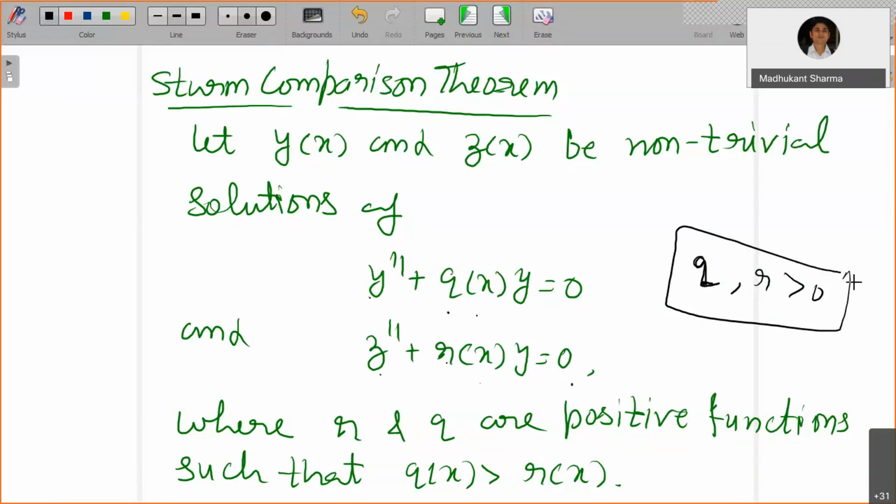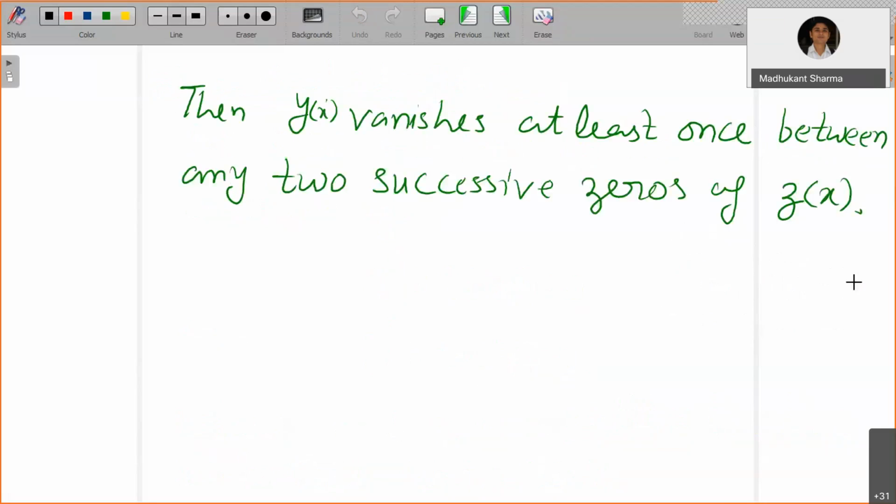Then y(x) vanishes at least once, maybe more than once, between any two successive zeros of z(x).